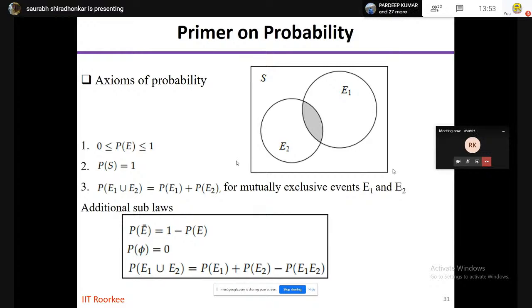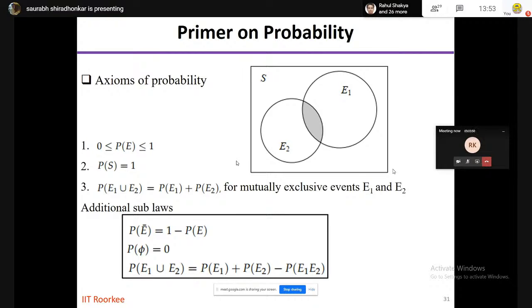We need to understand clearly that when the probability is 1, it means that the event is happening for sure. When the probability is 0, it means the possibility of that event happening is 0; it is impossible for that particular event to happen. Then there are sub laws. I hope all of you are familiar.